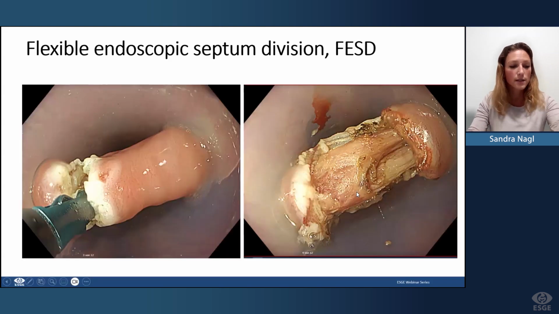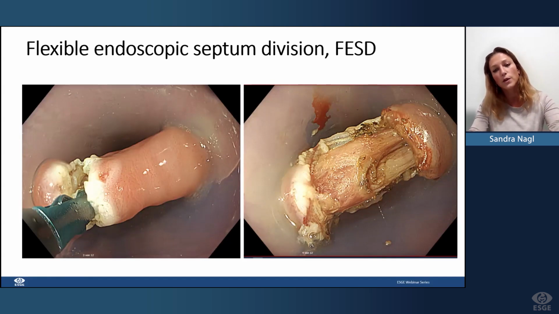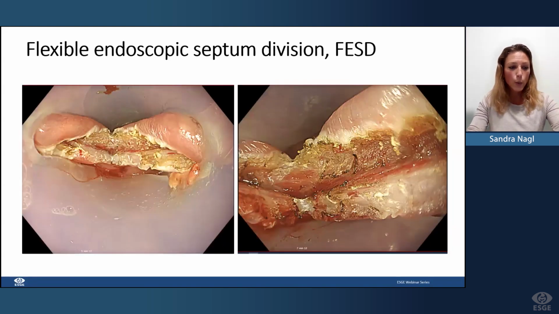Once you have a nice exposure of the septum, you can start with the incision of the mucosa and then cut your way through along the midline of the cricopharyngeal muscle at a 90-degree angle to the septum muscle. This central approach, cutting the mucosa and the cricopharyngeal muscle in the midline, is the most used technique. Then when you continue cutting, you reach the bottom of the diverticulum.